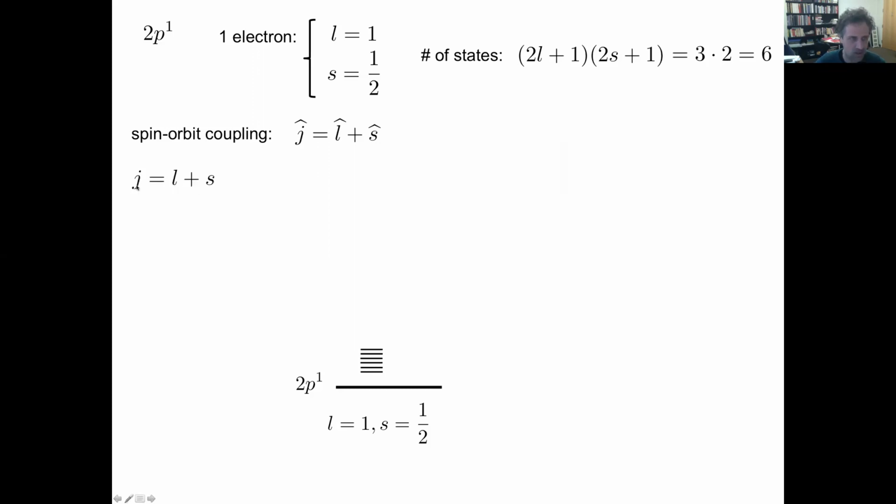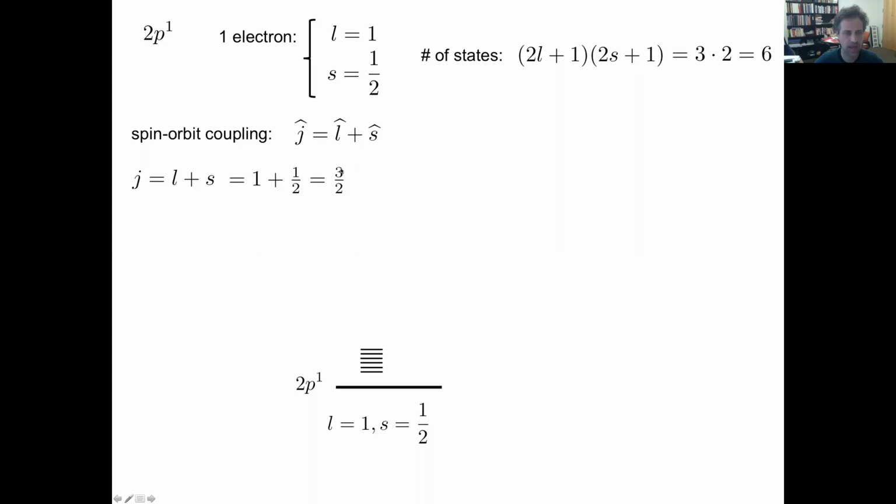That means that the quantum number J, which is the quantum number associated with the total angular momentum operator, J roof. This one does not have a roof. This is a value, this is an operator. This is the value, the quantum number associated with that operator. Its value depends on whatever L and S is. The sum of the two, of course, is 1 plus 1/2. That is 3/2. So I have one value for J that is 3/2.